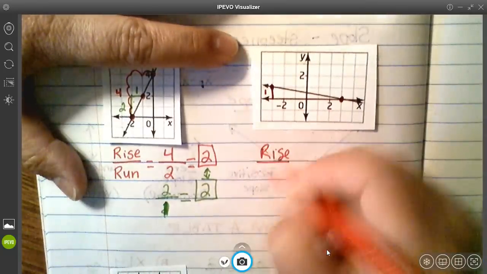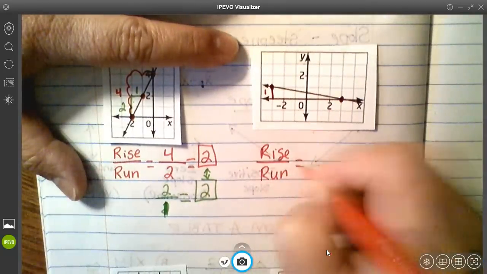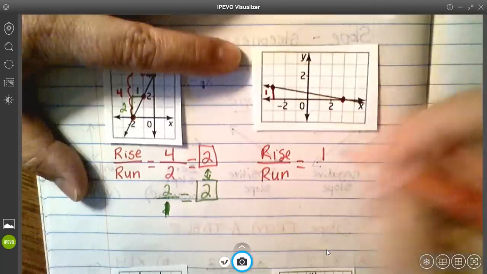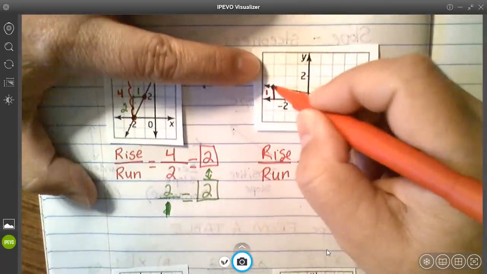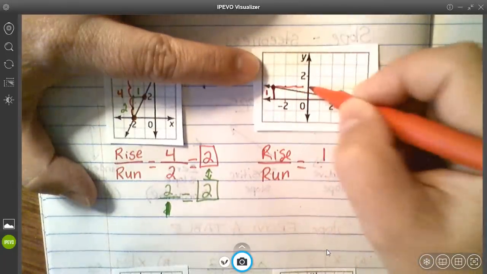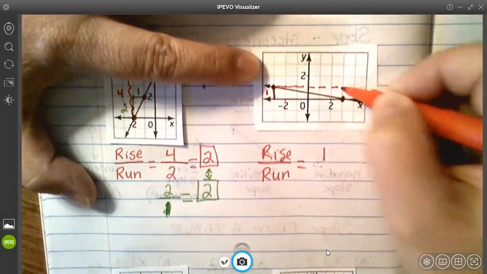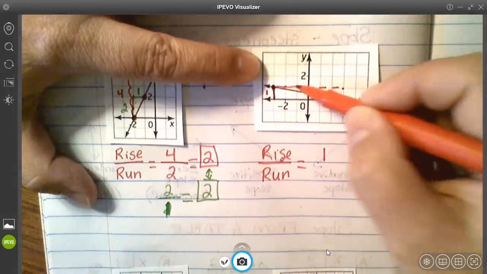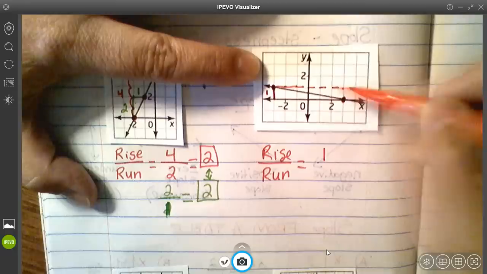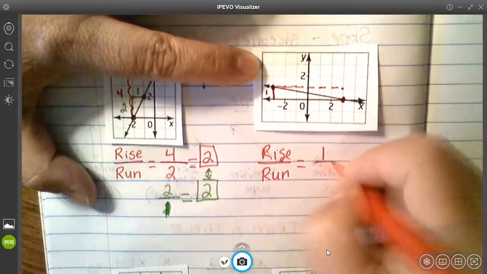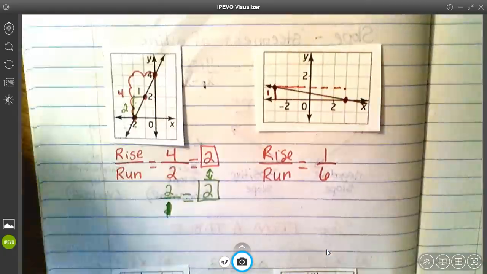So for my rise over my run, I'm going down 1. And then I go over 1, 2, 3, 4, 5, 6. What was that? 1, 2, 3, 4, 5, 6. Yes, 6 spaces. I run over 6 spaces.